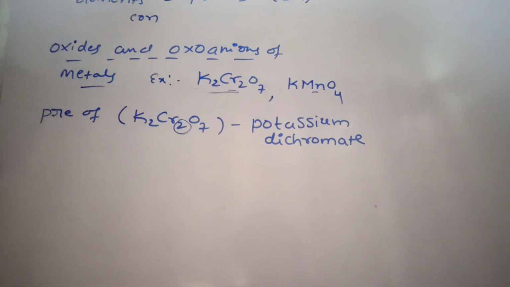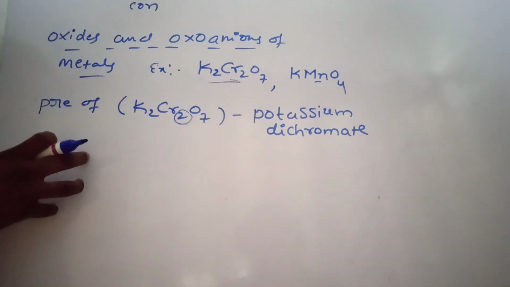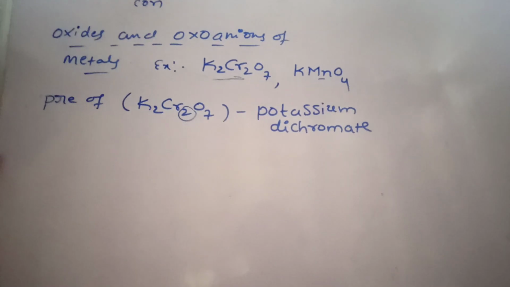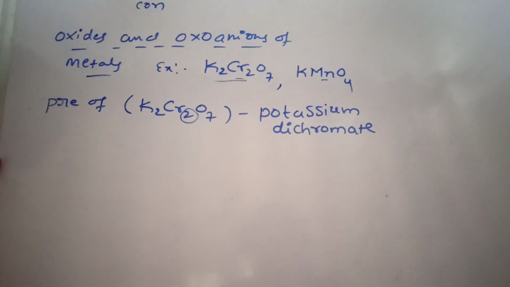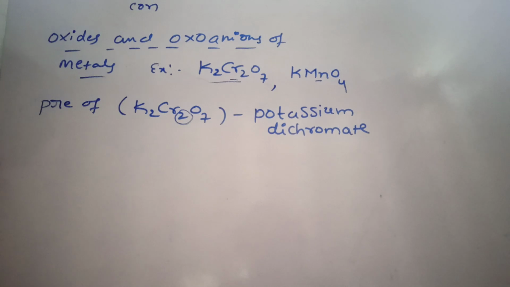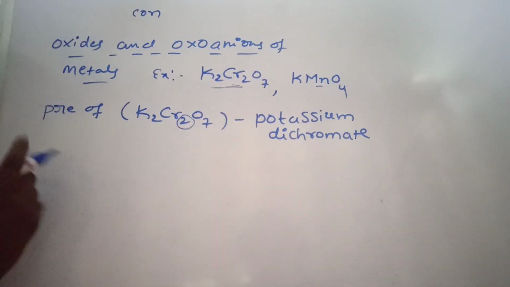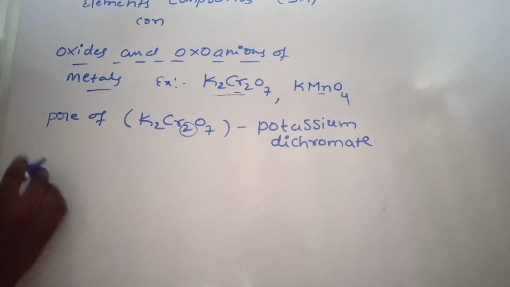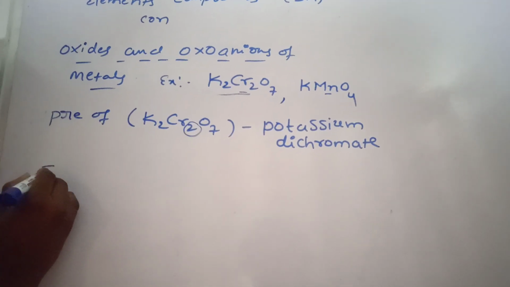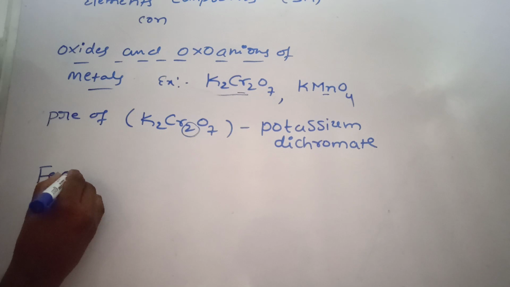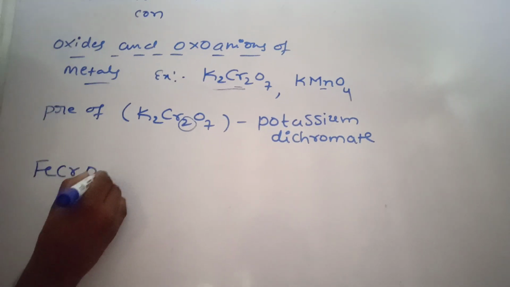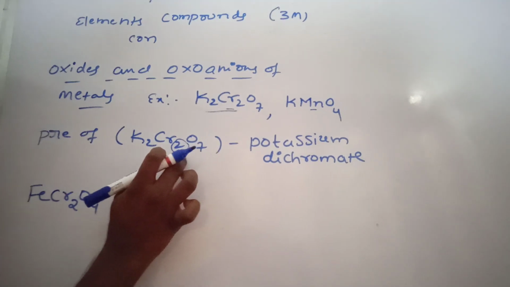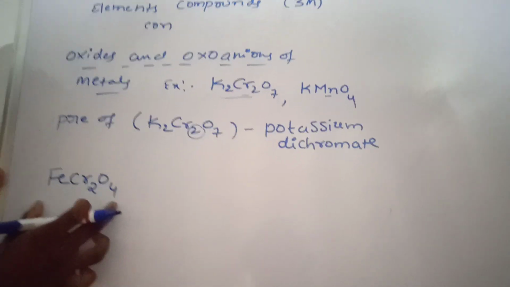For preparation purpose, I want some substances. The substance we generally call an ore. Here the ore name is chromite ore. For this preparation, I considered this one.